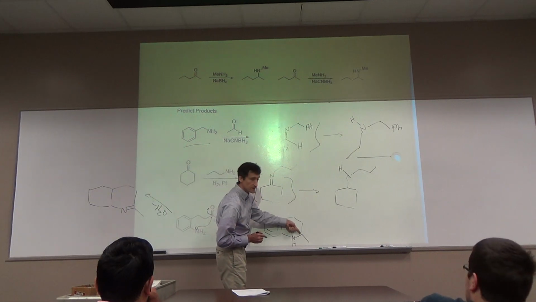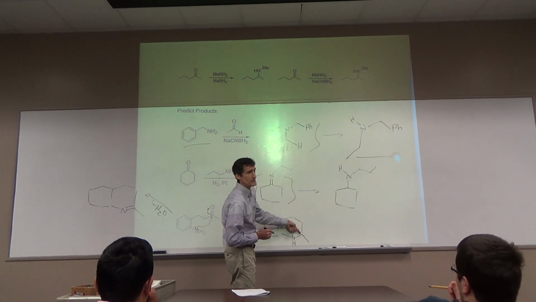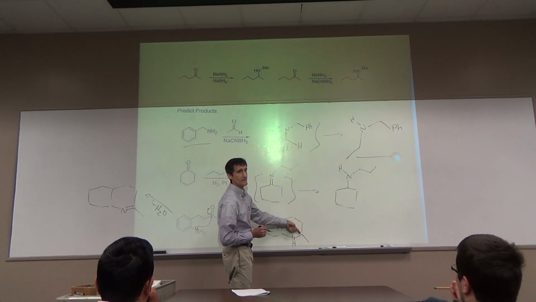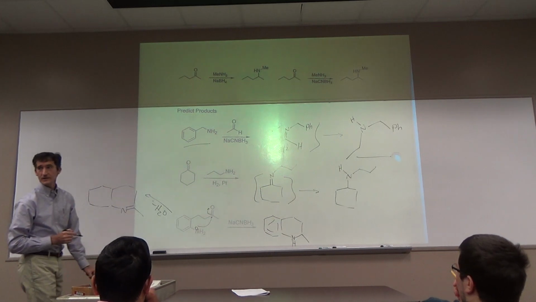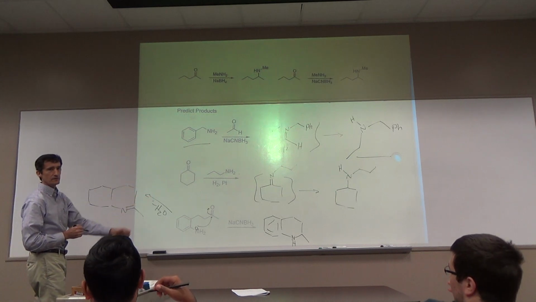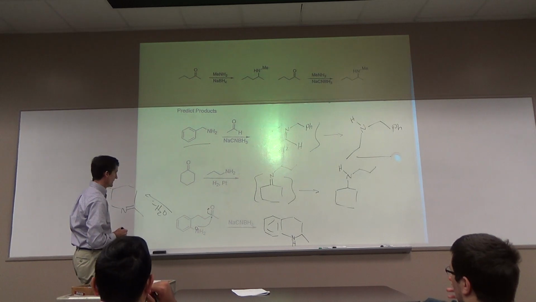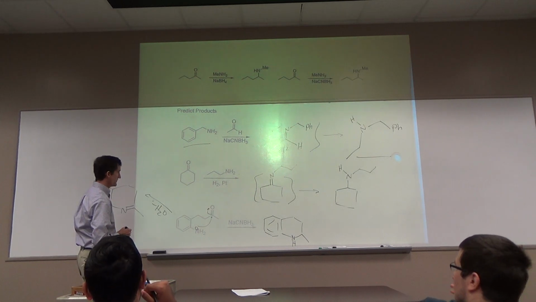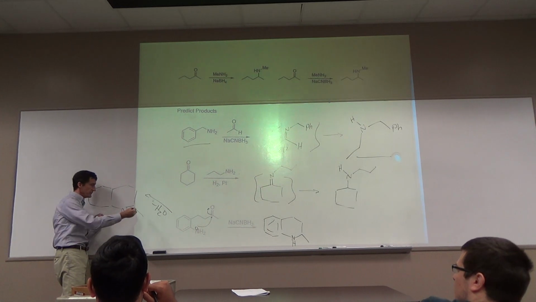We have a chiral carbon here. Is that going to be R or S? This would be an easy answer by now. Racemic, right? Nothing over here is optically active. Nothing over there can be either. The hydride can come in from the front.